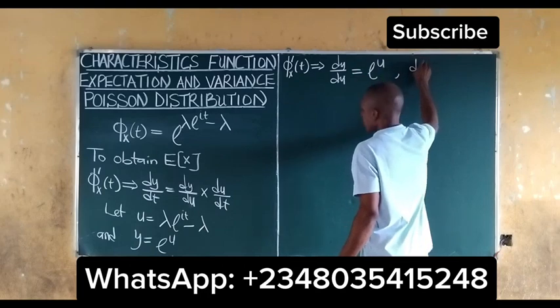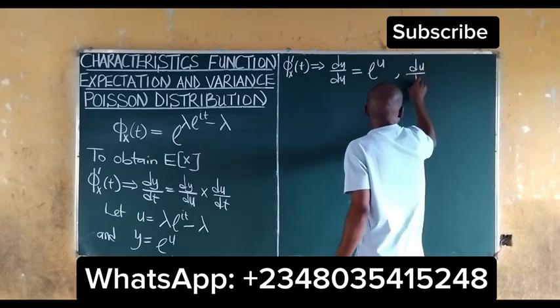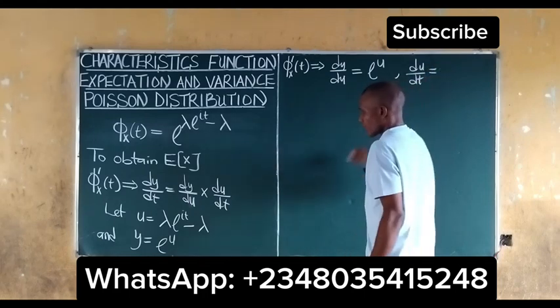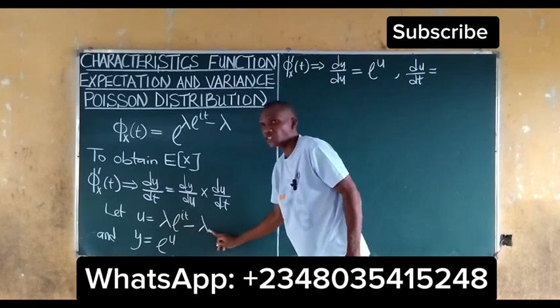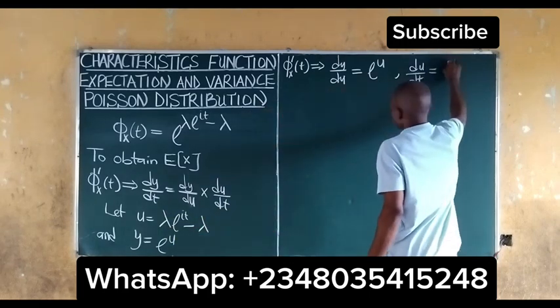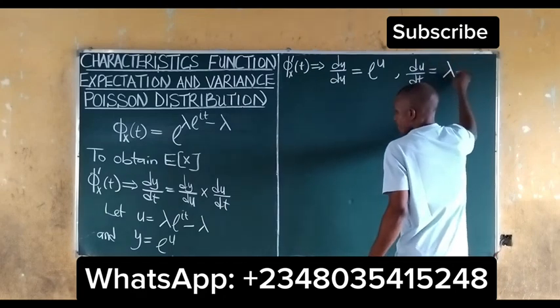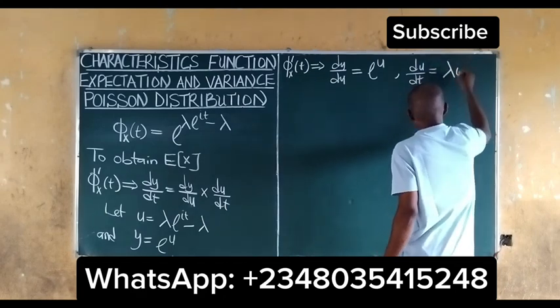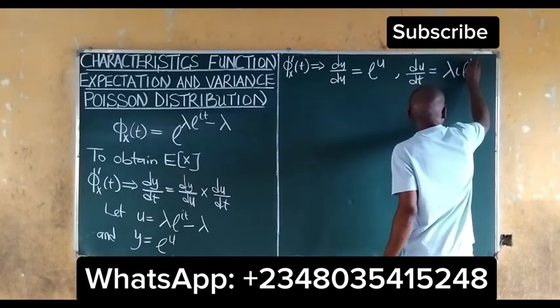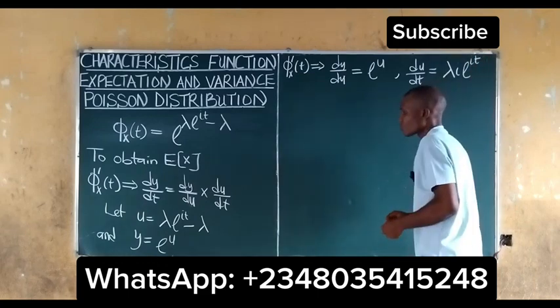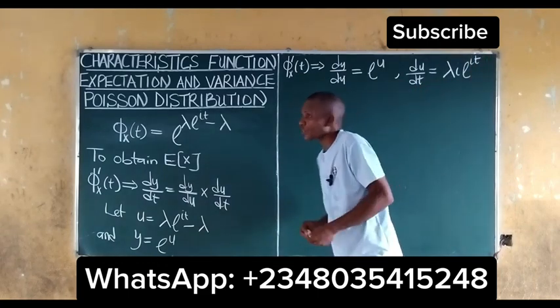Also, we differentiate du/dt. If we differentiate lambda e^(it) minus lambda, we get lambda times the imaginary unit times e^(it), because the constant term turns to 0.